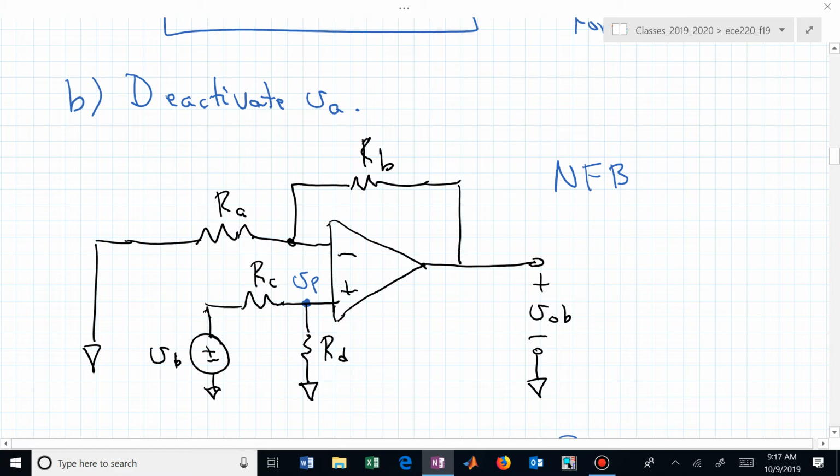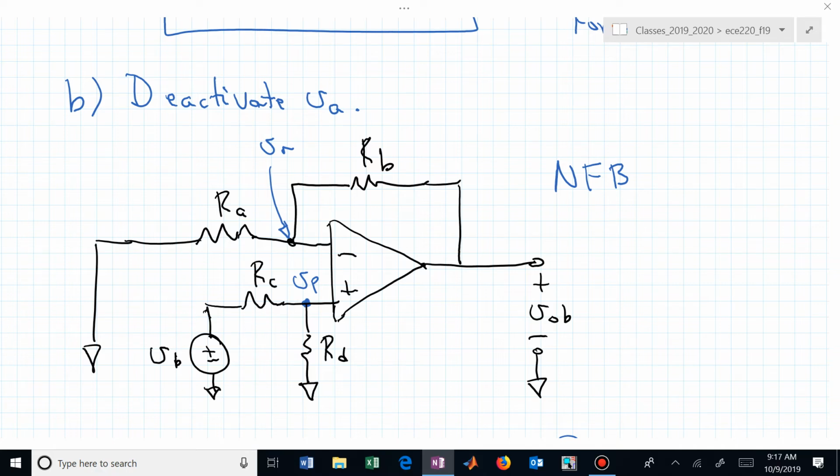Here's now V sub N. We have three currents leaving that node. One current is going into the inverting pin of the op-amp, and we know its input resistance is huge, so that's 0. That's little i sub n.